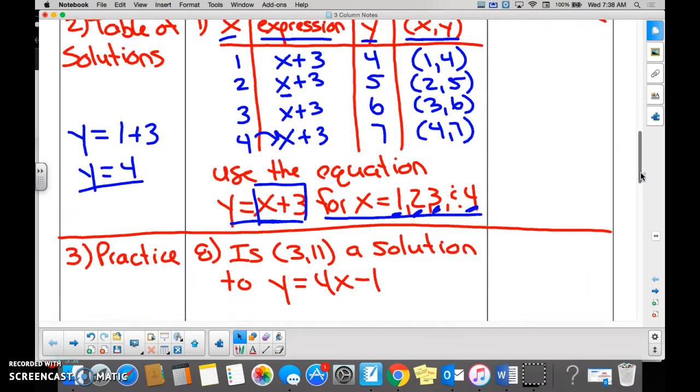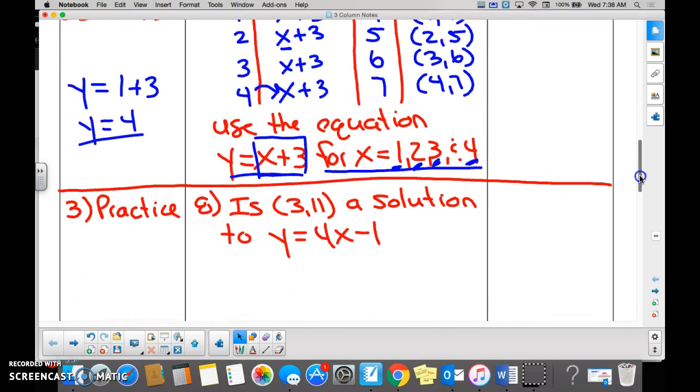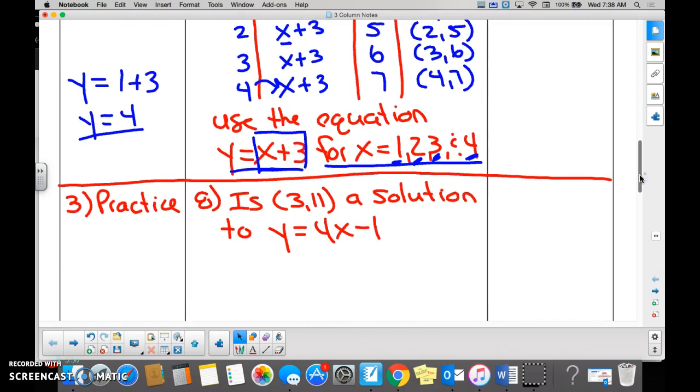It says, is 3, 11 a solution to the equation y equals 4x minus 1? You're simply going to plug in the 3 and the 11 to see if it works. So again, the 3 is the x, the 11 is the y. So we're going to plug in 11 for y, keep the equal sign. 4 is the coefficient in front of x. X is 3.